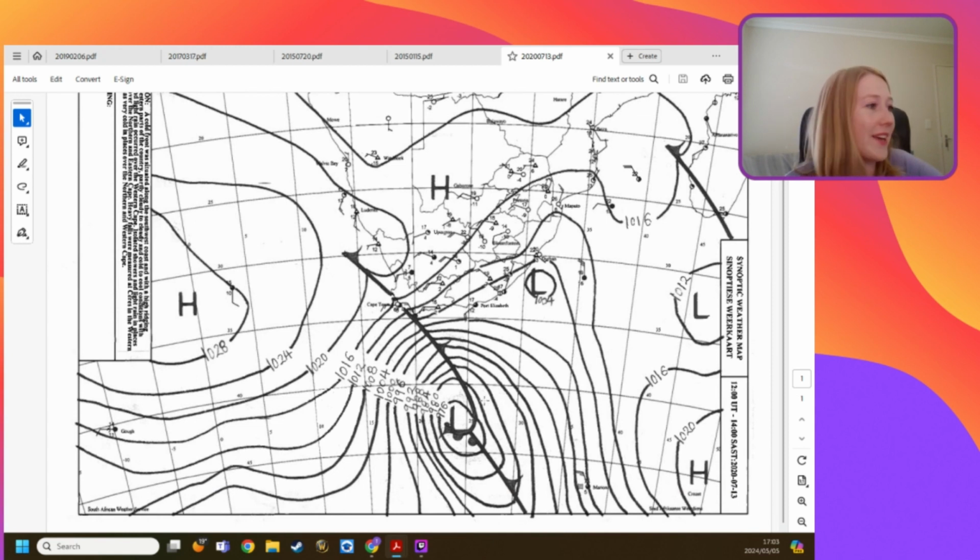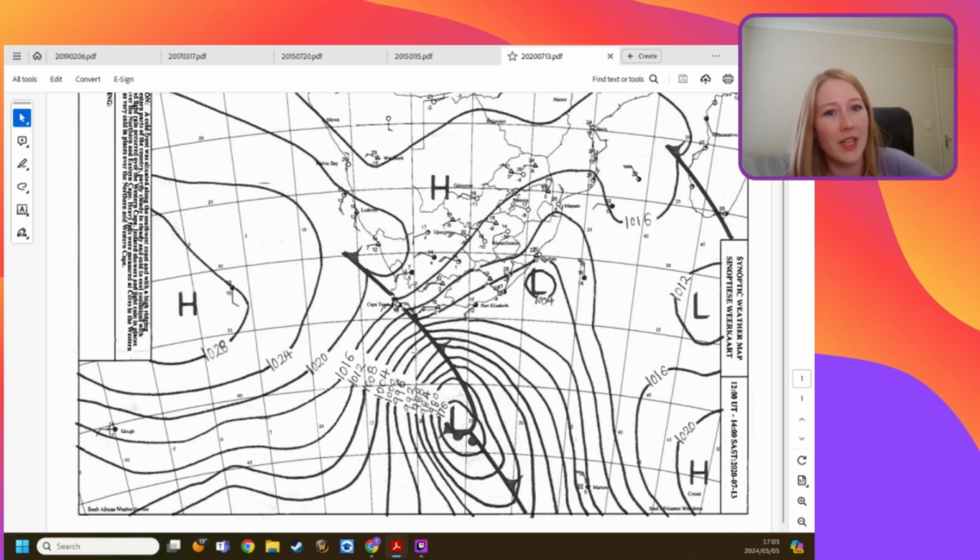Okay, this is a mid-latitude cyclone. So it's a little bit difficult to see because of the fronts, but right over there, there's an L. That L tells me that this is a low pressure system and it is a cyclone. You can also notice how close these isobars are together.